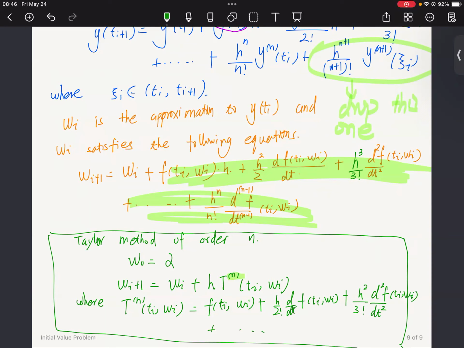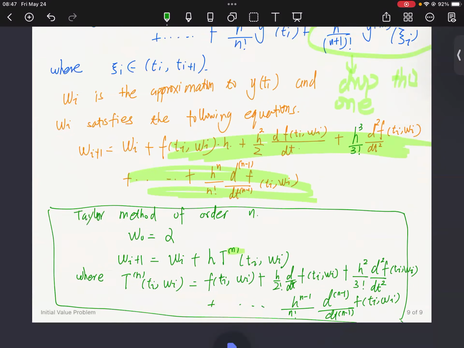And then all the way to h^(n-1) over n factorial, d^(n-1). Actually you don't need to write it in this format, the previous one, the orange one, is already very good, but it is written this way in the textbook.